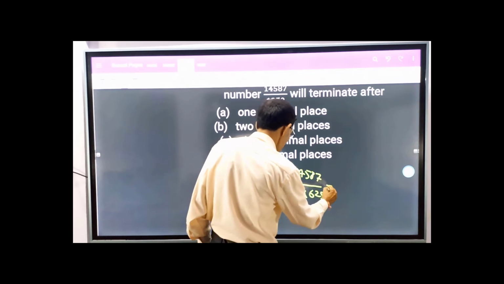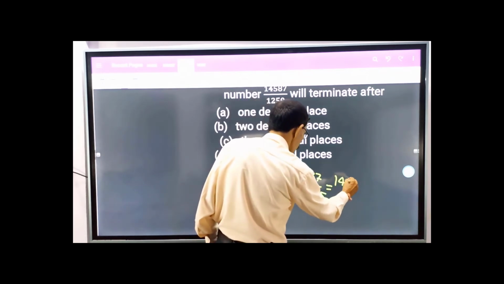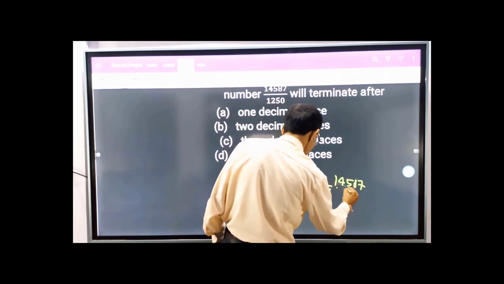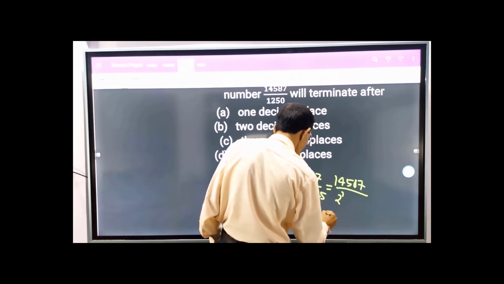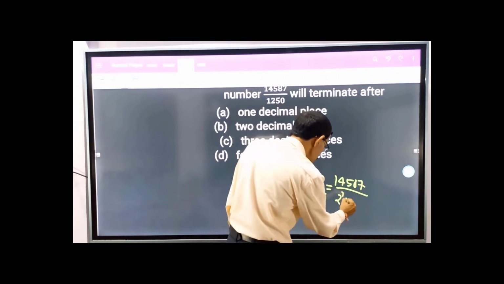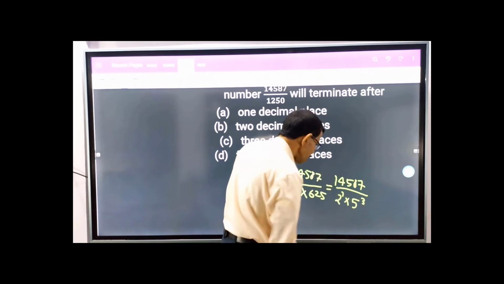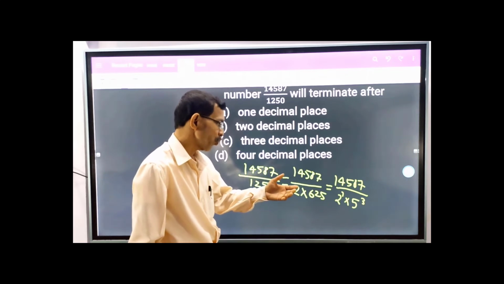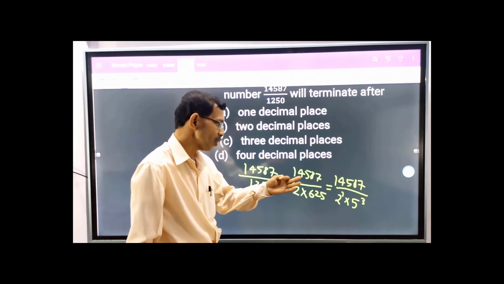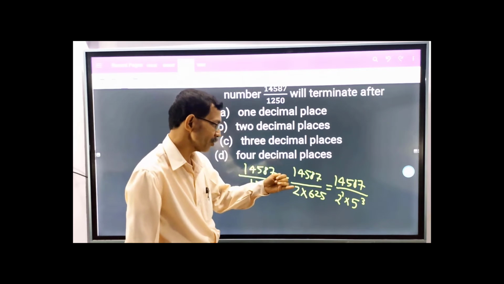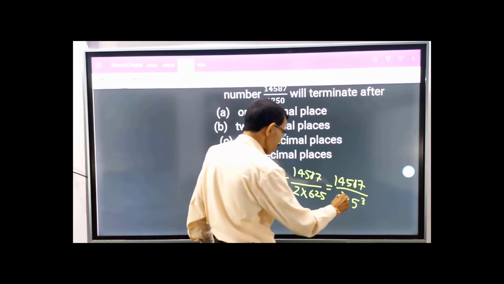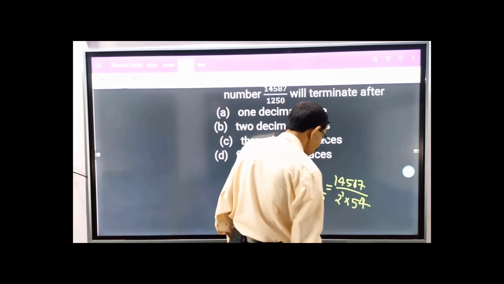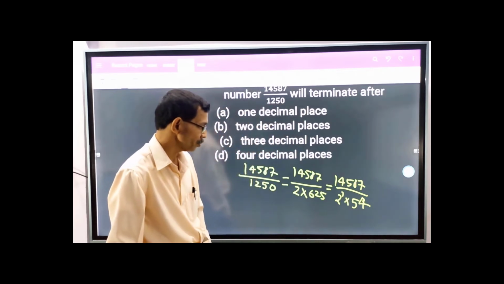So this further I can write as 14587 divided by 2 raised to 1, of course it is there, and this will be 5 raised to 3, because 5 fives are 25, 5 into 25 will be 125, 125 multiplied by 5 will be 625. So it is 5 raised to 4 and not 5 raised to 3.